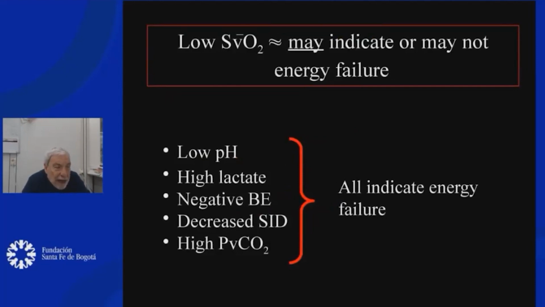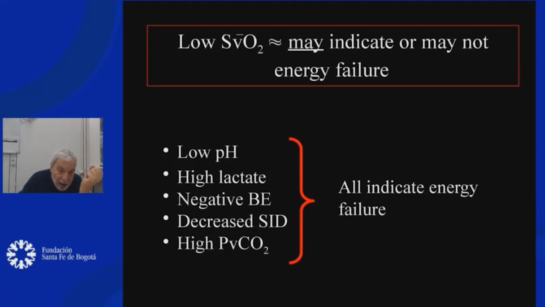Now, look again at low SVO2. Low SVO2 means that there is some alarm of possible energy failure, so an energetic crisis, and it may or may not be, but it is an alarm. But when you have an energy failure, that means we are shifting toward anaerobic metabolism.